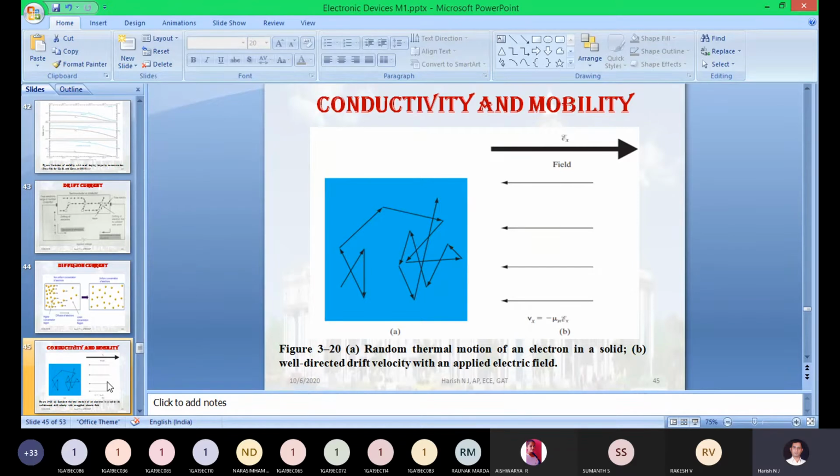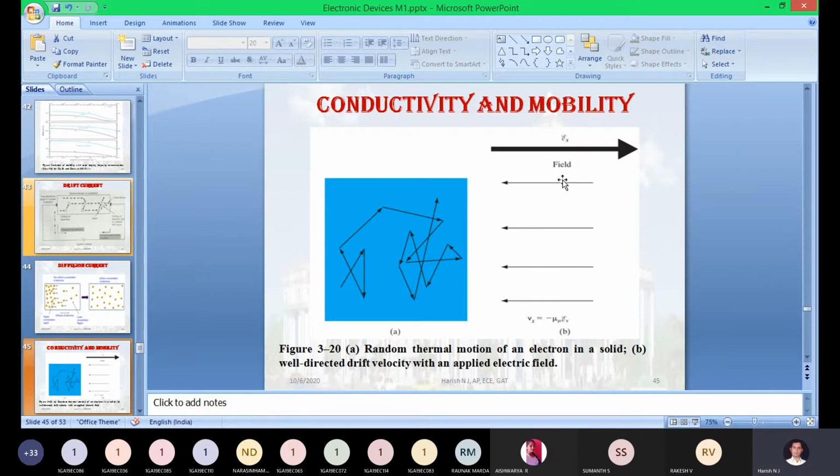Correct? So for driving all the electrons to a particular direction, I am going to apply an electric field. When I apply an electric field, all the electrons will start moving towards some particular direction with some speed.